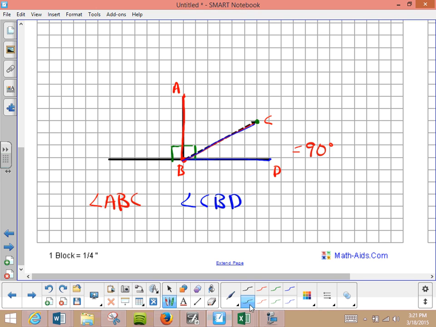Yep. That when you add them, they equal up to 90, right? Not 180, just 90, because you're talking about the inside of those. Yes. This is what we call complementary angles. These two angles are complementary because they add up to 90.